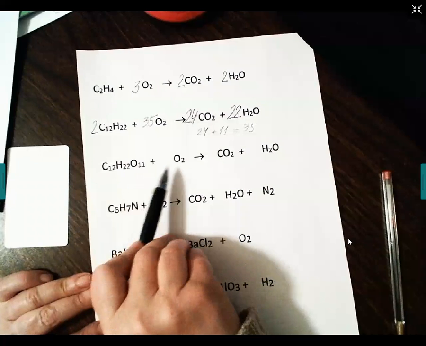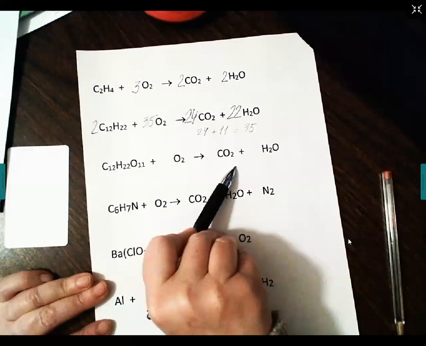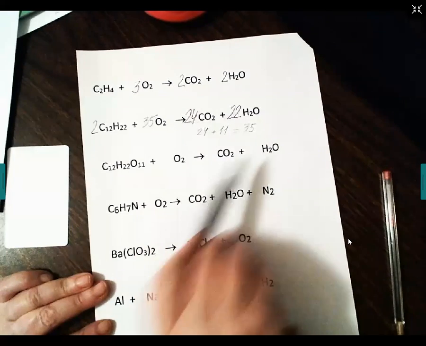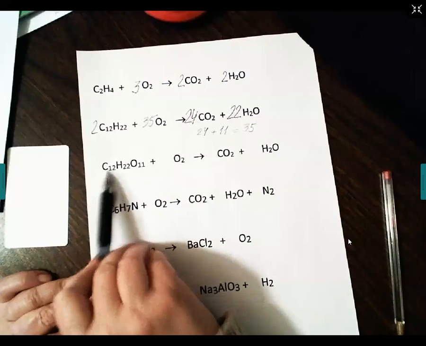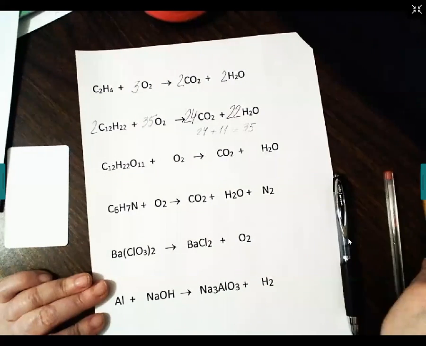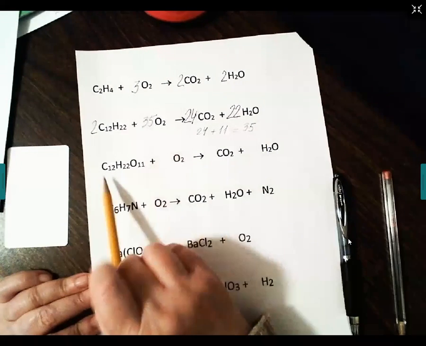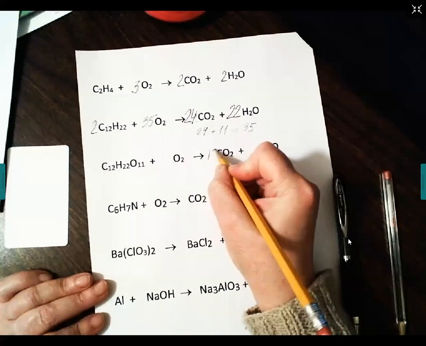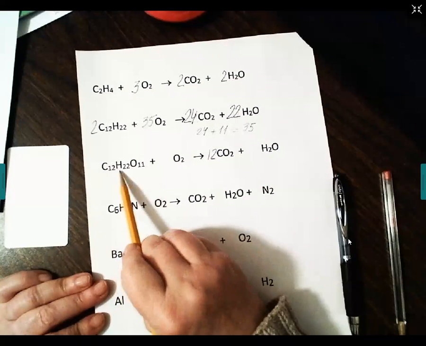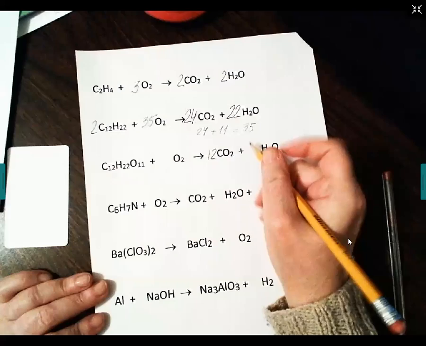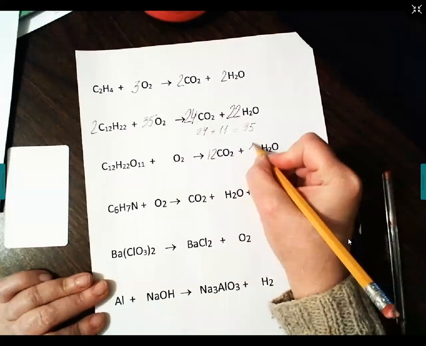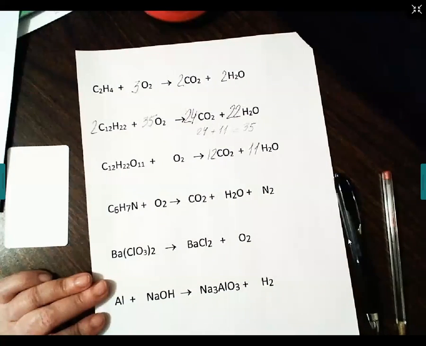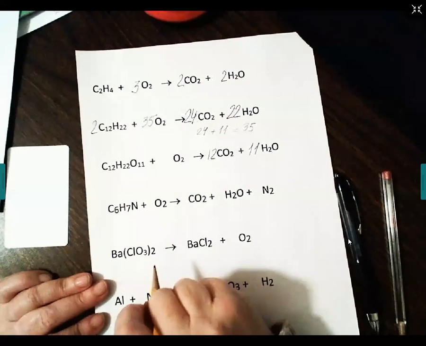The next one. C12H22O11, again combustion, the same products, carbon dioxide and water. Let's start with carbon. 12 carbons, so we should put 12 here. 22 hydrogen atoms, so we should put 22 divided by 2, 11. We should put 11 here. Now let's count oxygen.